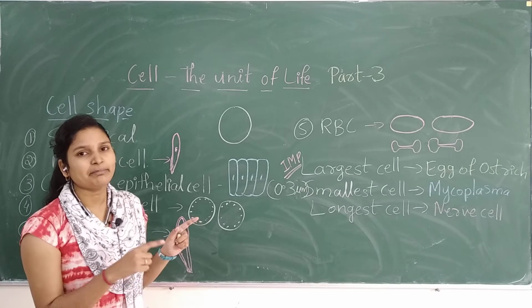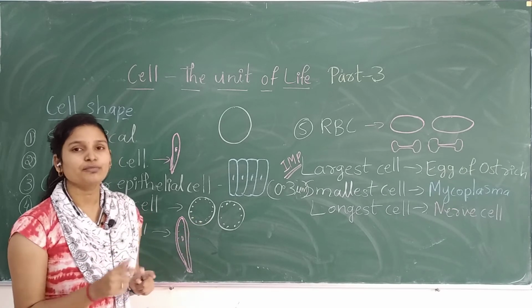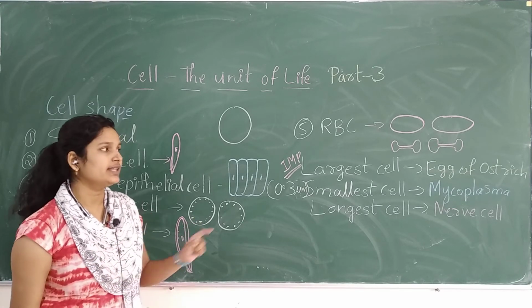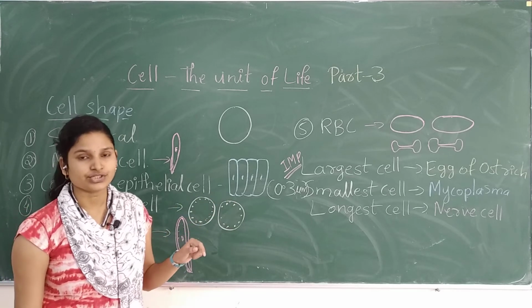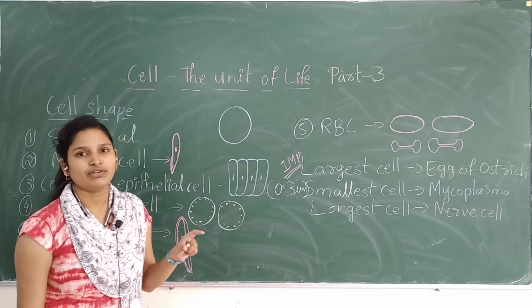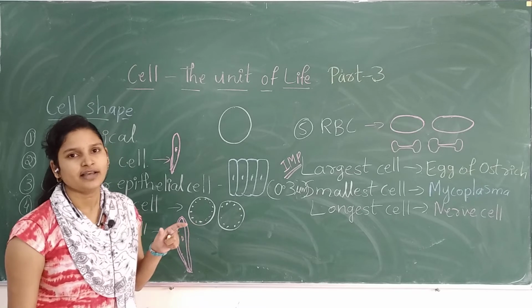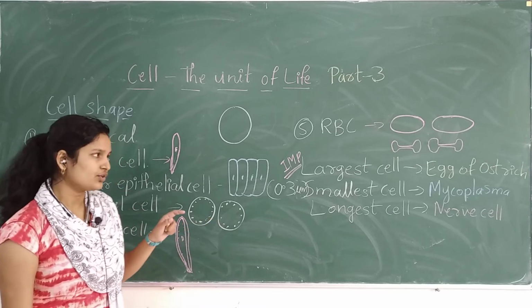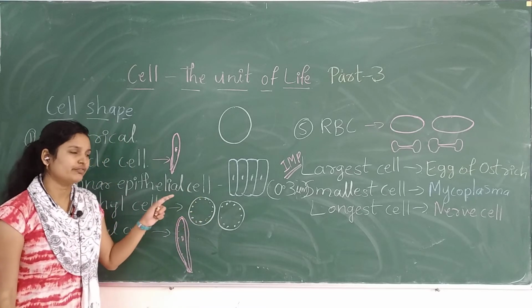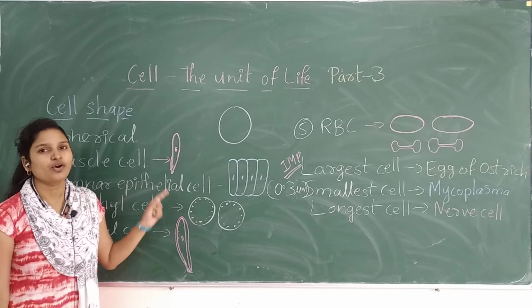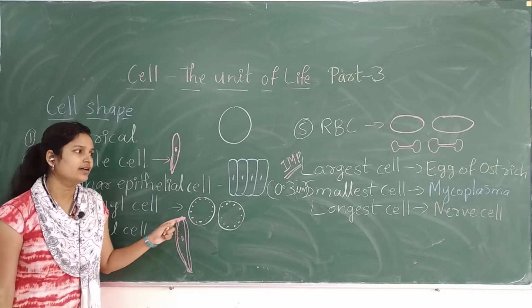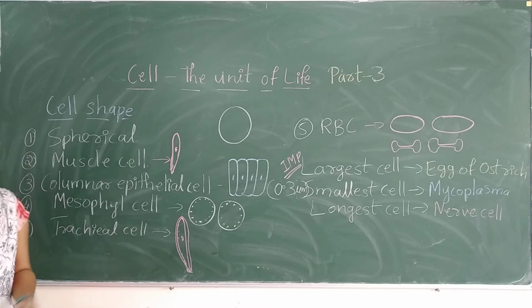To perform that particular function, they need to modify their structure so that things will work out very well, otherwise everything will be stopped. So the cell should adopt all these sizes. Remember this, very important. Understood now?